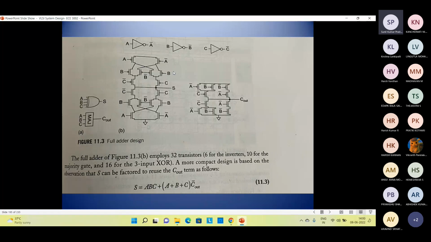But in terms of design concept, if we take into consideration PMOS and NMOS, this is the design for the full adder. This is for sum, and this is for carry out.